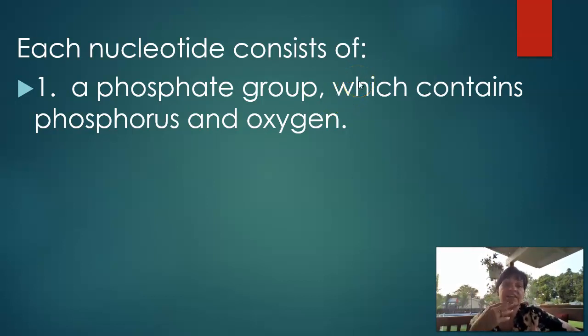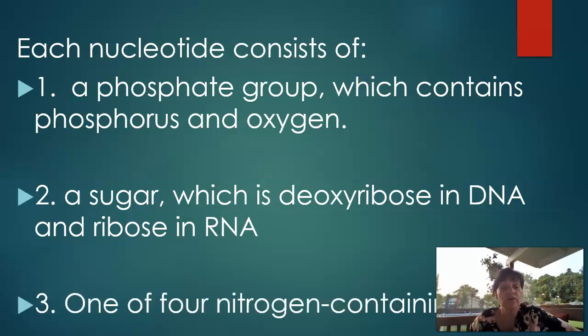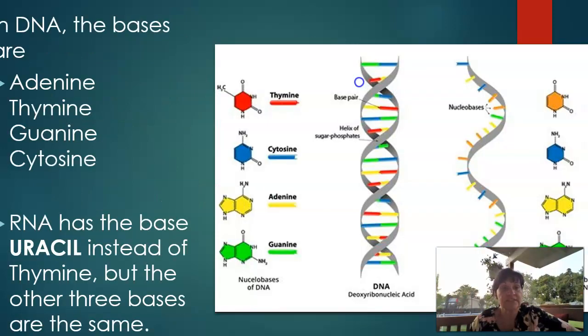Each nucleotide consists of a phosphate group, which contains phosphorus and oxygen, a sugar, which is deoxyribose in DNA and ribose in RNA. So the sugar is the D or the R. And then 1 of 4 nitrogen-containing bases. So these bases, if you remember from biology, we have adenine, thymine, guanine, and cytosine.